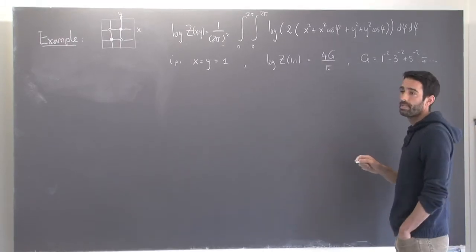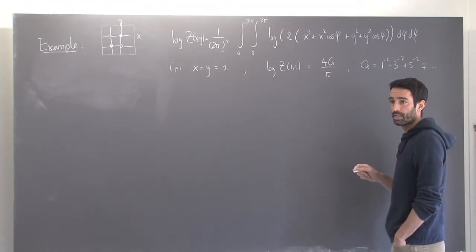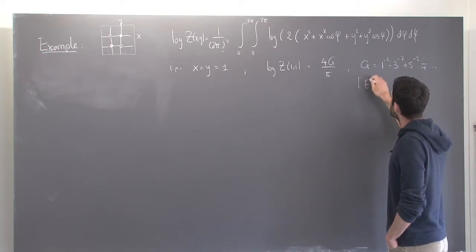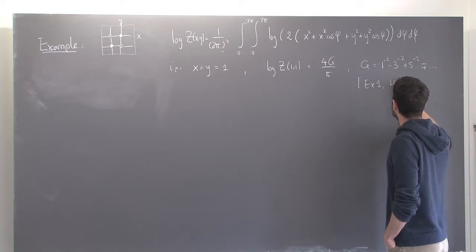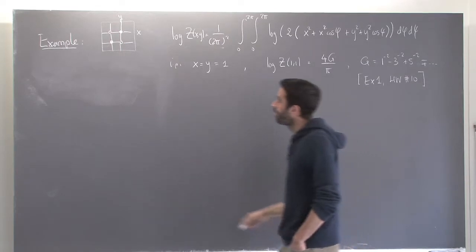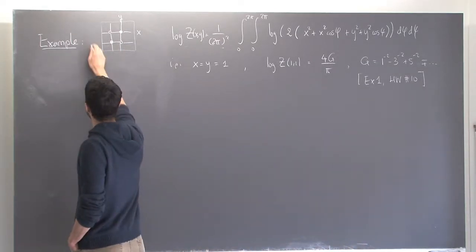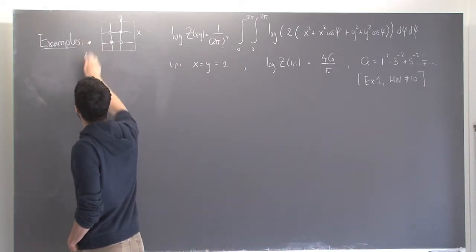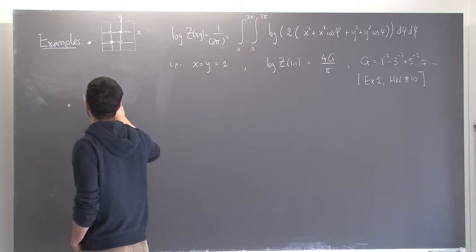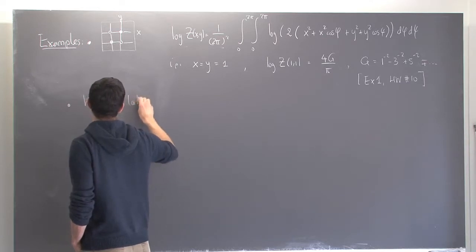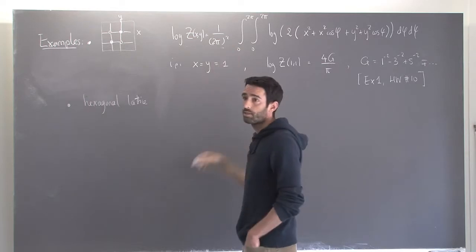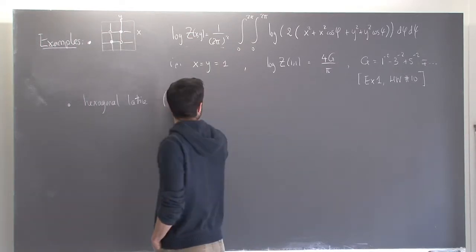So this gives back basically the result of Kasteleyn that I had mentioned at the very beginning of the class. And okay, this is an exercise, exercise 1. And maybe C also. So for the hexagonal lattice, it's also an exercise. It turns out in these two cases, you can really express this as a single integral.